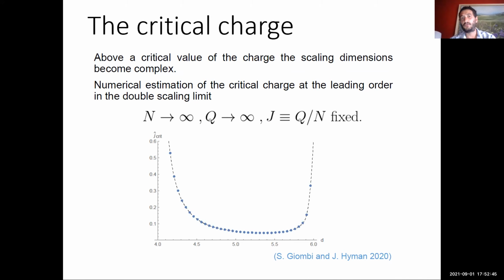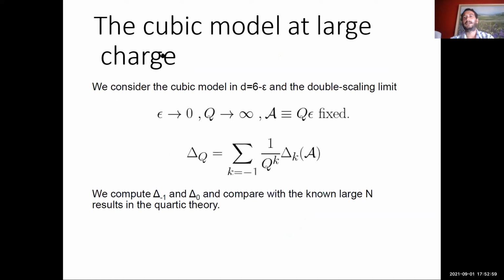We wanted to know more about this equivalence between the cubic and the quartic description, about the complex scaling dimensions. So we proceeded in a complementary direction by studying directly the cubic model at large charge in d equals 6 minus epsilon dimensions, and considering this other scaling limit, where one takes epsilon going to 0, Q going to infinity, and keeps fixed the product Q times epsilon.